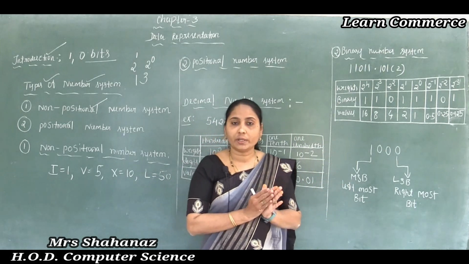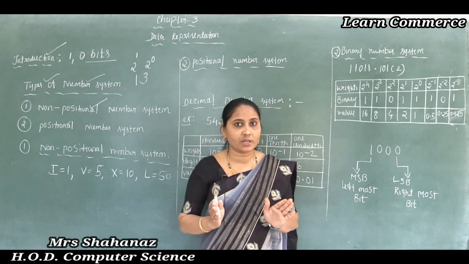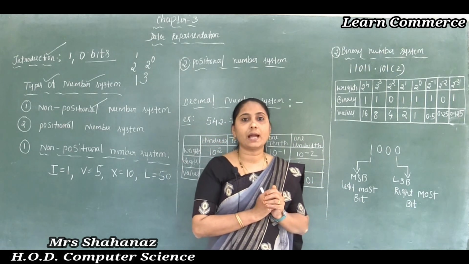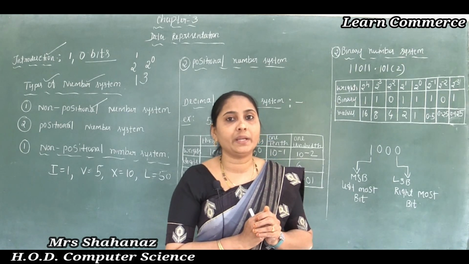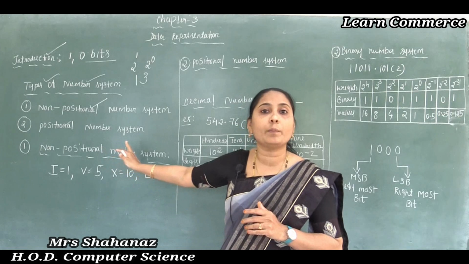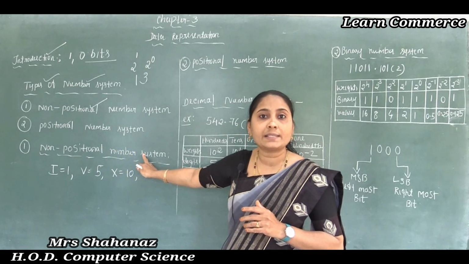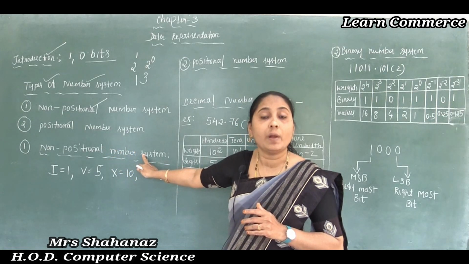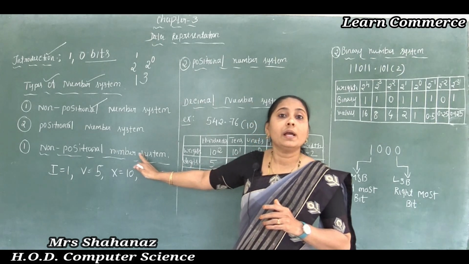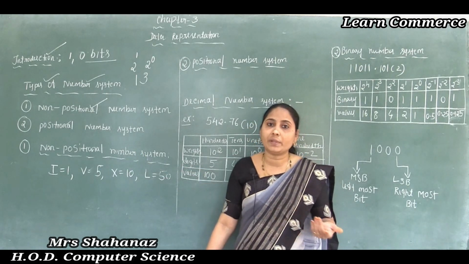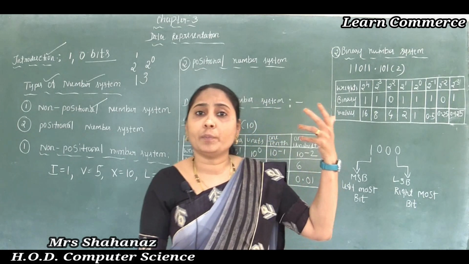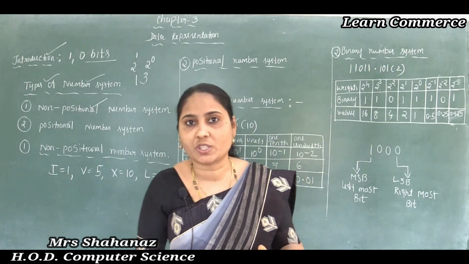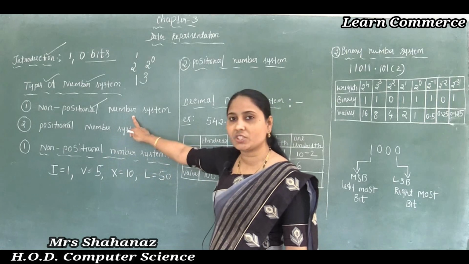So that is clear about our non-positional number system. In our non-positional number system, people made use of this type of number system, correct? And such non-positional number systems are suitable for simple calculations only, maybe addition and subtraction. If you want to count a million numbers, is it possible using the non-positional number system?